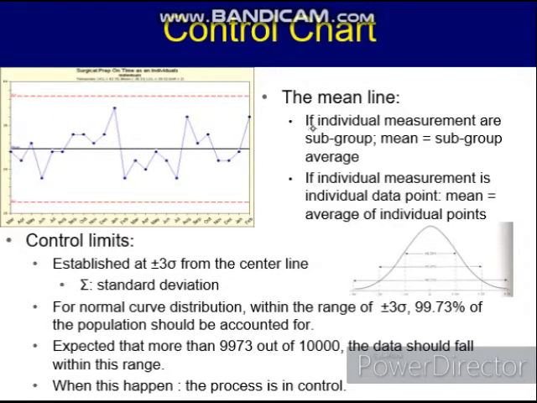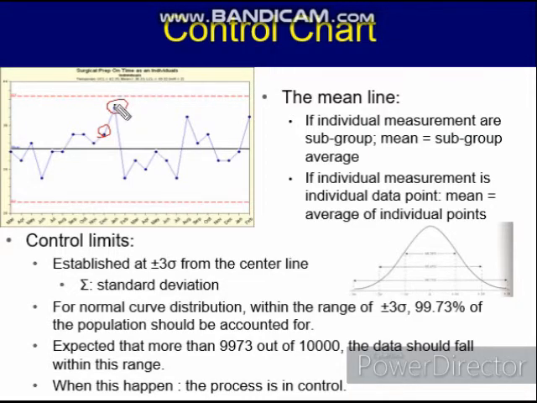Basically, this is how you calculate it. If individual measurements are subgroups, the mean equals the subgroup average. For example, let's say every single measurement here is one data point. If this data point consists of a subgroup, it means this data point may be the average, the mean, of let's say three points.